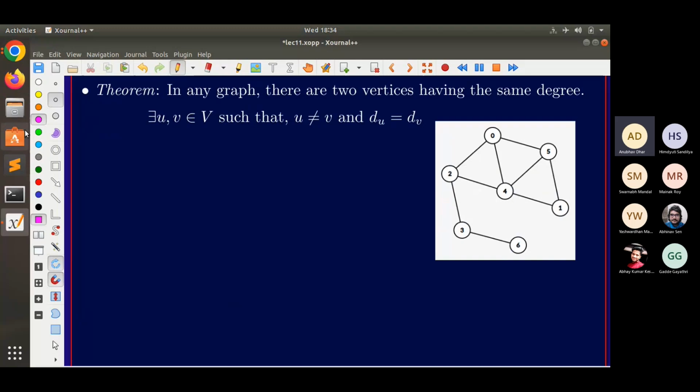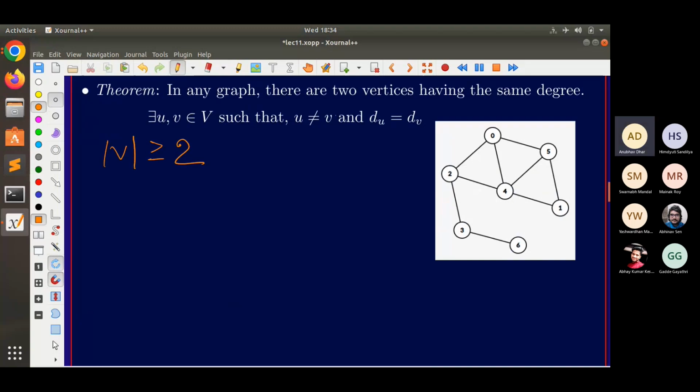So this is another well-known theorem that might come across as helpful in many competitive programming problems, but it is not that commonly seen. In a graph, here we assume that n is at least 2.